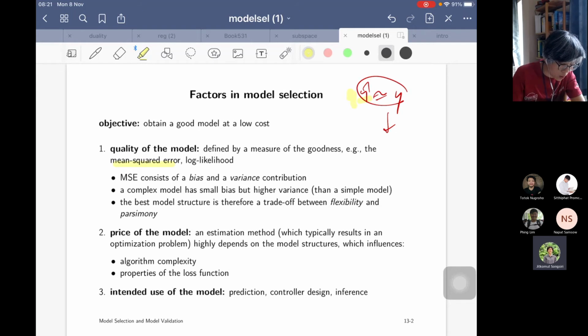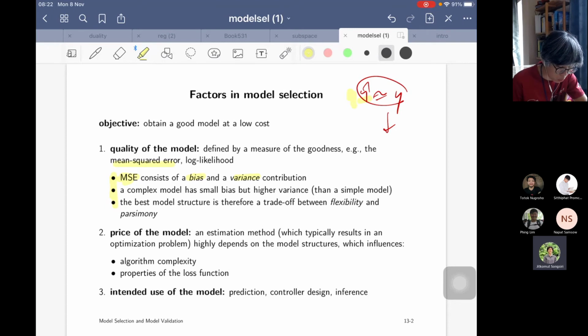But what we're going to learn shortly is that the model quality, when you measure it by MSE, always consists of two contributions, bias and variance. We're going to learn that a complex model, think about a state space equation where n is huge, where n is 100, is complex as compared to a first or second order state space equation.